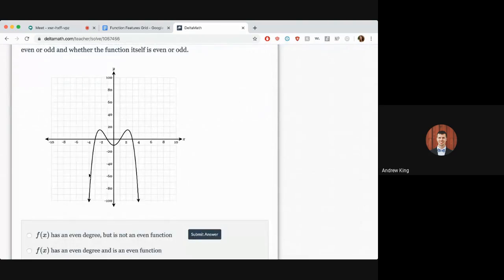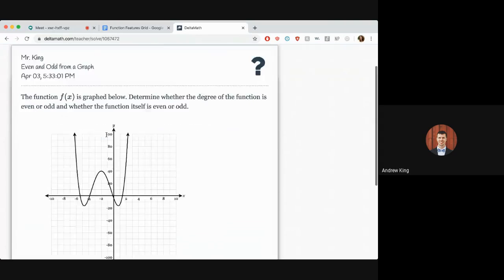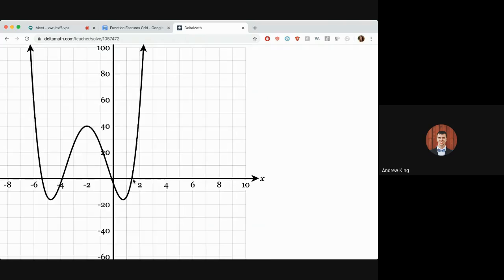That one's also both even, right? Symmetrical about the y-axis. Let's find a different one here. All right. This one has the same beginning and end behavior. It starts positive and it ends positive, but it's not symmetrical about the y-axis. This point here is at 1.4 or something like that.